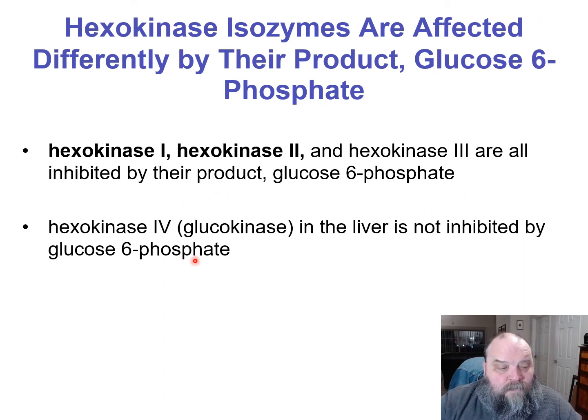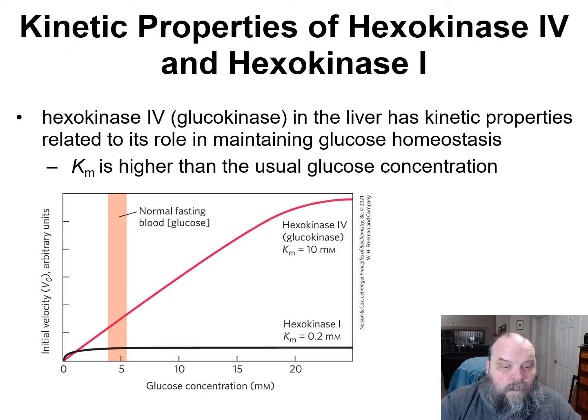Now, hexokinase 4, also known as glucokinase, is a liver enzyme that is not inhibited by glucose 6-phosphate. Hexokinase 4, the glucokinase, has a different role. It's not so much, hey, let's prepare glucose for glycolysis. This one is more about maintaining homeostasis of glucose levels in the blood.